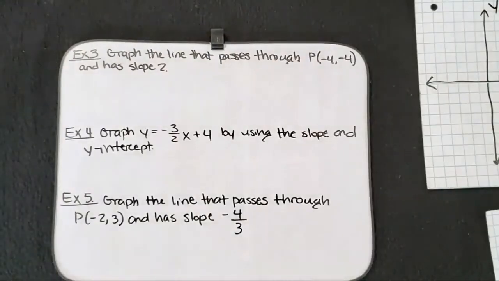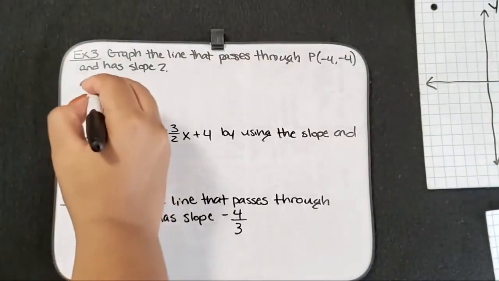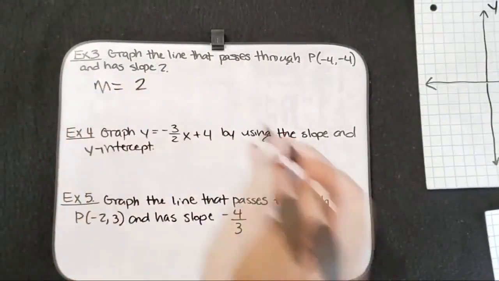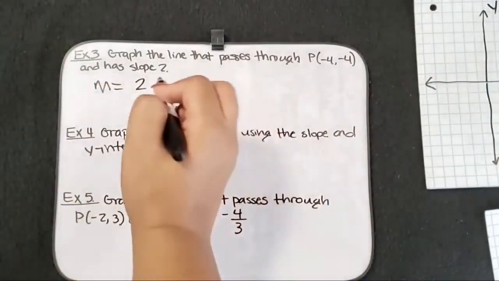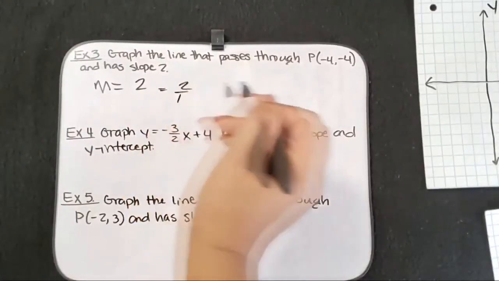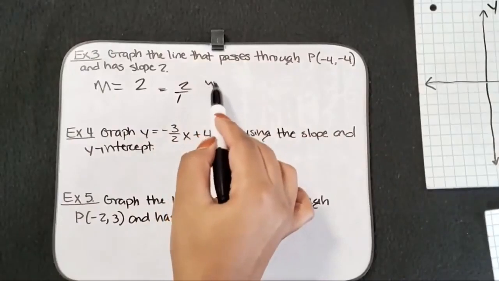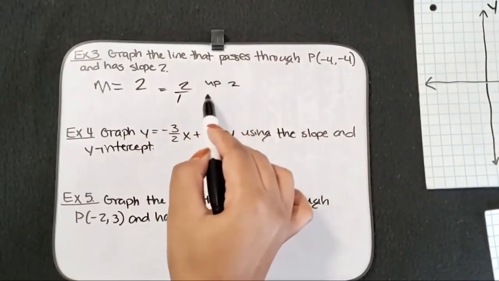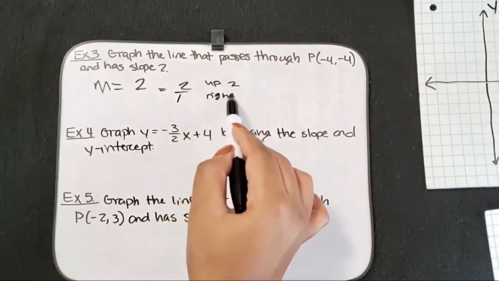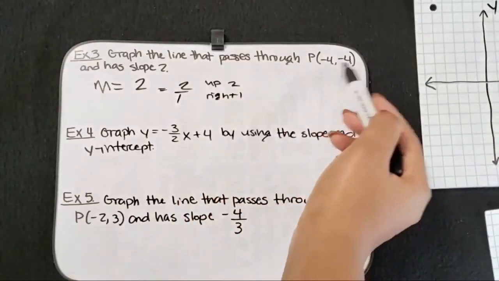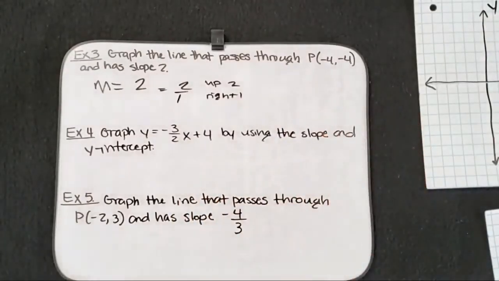All right, example 3. Our m is 2, which is the same thing as 2 over 1. So we're going to be going up 2 and to the right 1. And our point is (-4, -4).